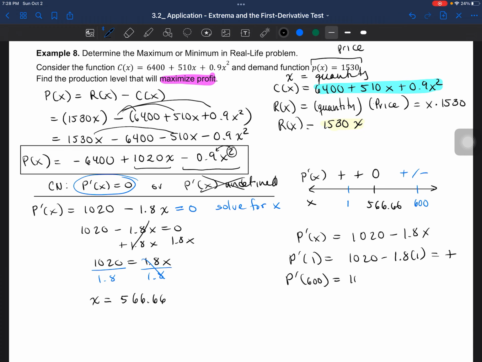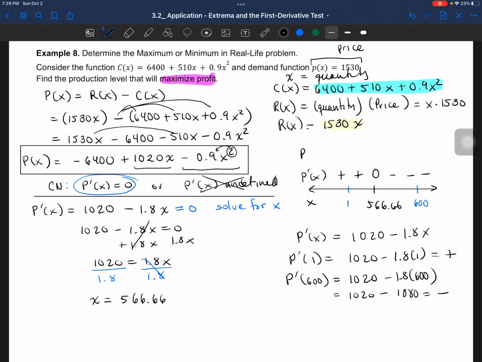Then we're gonna plug in 600. Let's see what we get from here. 1.8 times 600 is 1080, which is going to be a negative number.